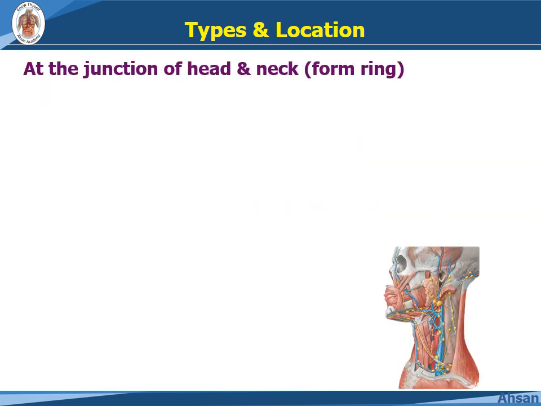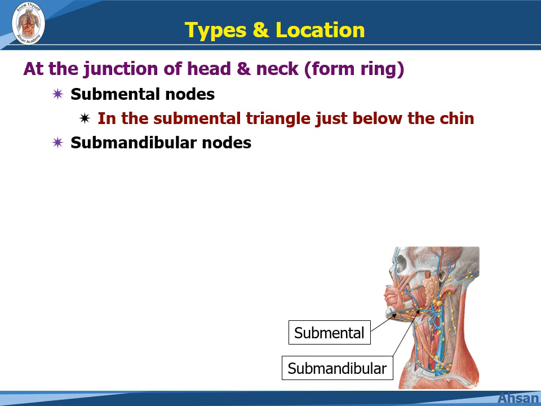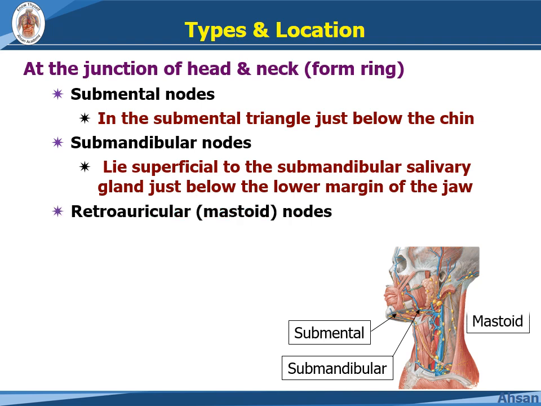Four groups of lymph nodes are observed at the junction of the head and the neck. These are the submental nodes, situated in the submental triangle in the superficial region just below the chin. The submandibular lymph nodes lie superficial to the submandibular salivary gland, just below the lower margin of the jaw.